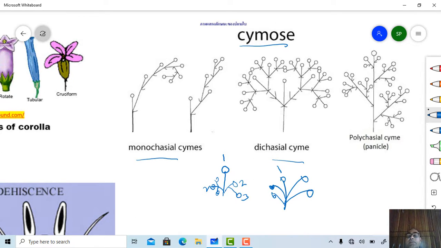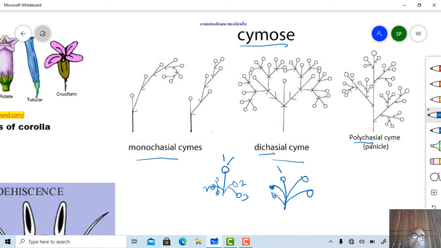The flowers are present in basipetal succession. That means the first flower or topmost flower is the oldest one, while the lateral flowers are younger. So monochasial, dichasial and polychasial, these are the three types present in the cymose type of inflorescence.